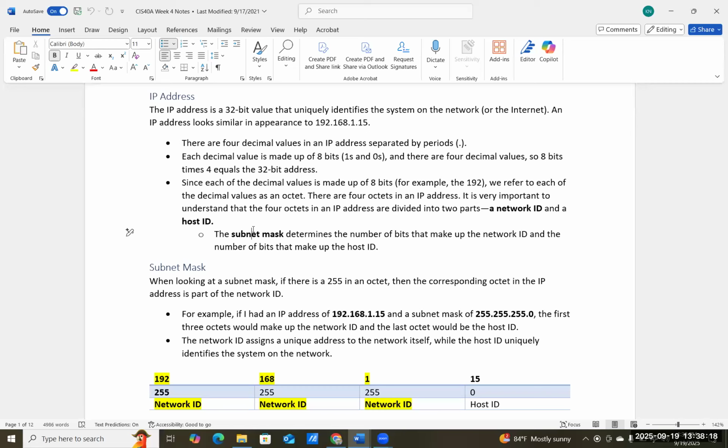The host ID is unique to that system, so you cannot have a duplicate host ID, but you can have the same network ID. All of these computers, let's say on the same segment, have the same network ID, but each of them has an individual host ID, okay?